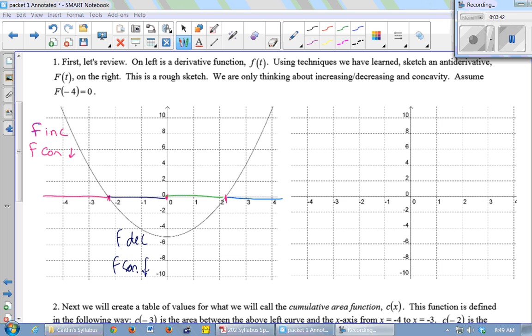On this next interval, my derivative is still negative, which tells me that f is still decreasing. But now my derivative is increasing, which tells me that f switches to concave up. And on my last interval, the derivative is both positive and increasing, which tells me that f is increasing and concave up.